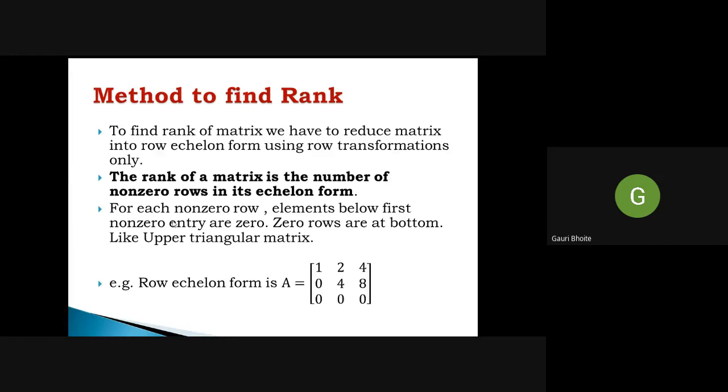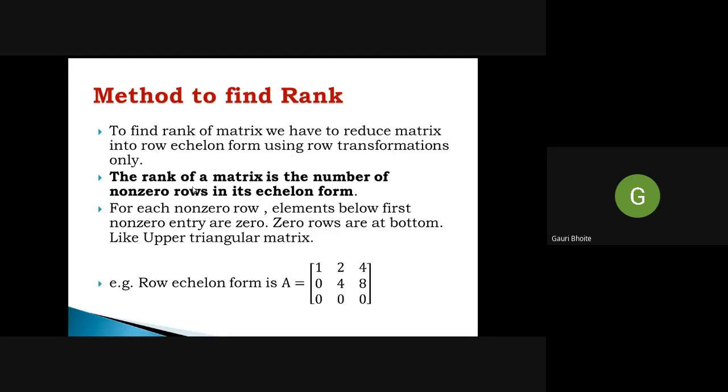For the first row, 1 is the first non-zero, so elements below that are 0. For the second row, 4 is the non-zero element, so the element below 4 is 0. These two are non-zero elements, and elements below them are 0, so roughly it is an upper triangular matrix.